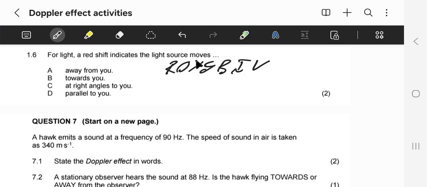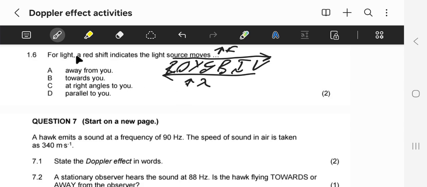If we are moving from red to violet, that means an increase in frequency. If we are moving from violet to red, that means an increase in wavelength. The relationship between frequency and wavelength is inversely proportional.